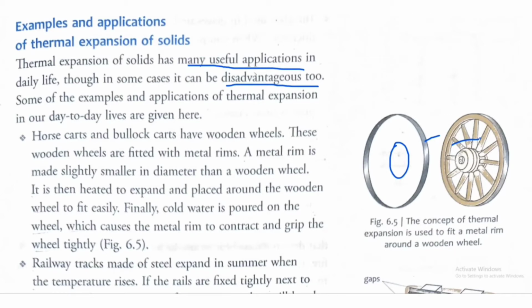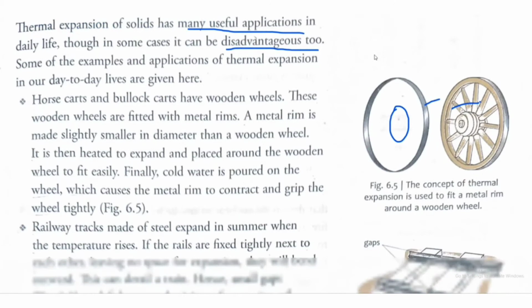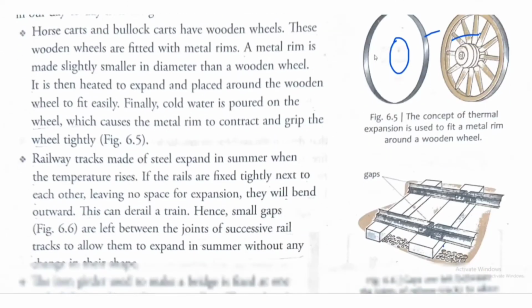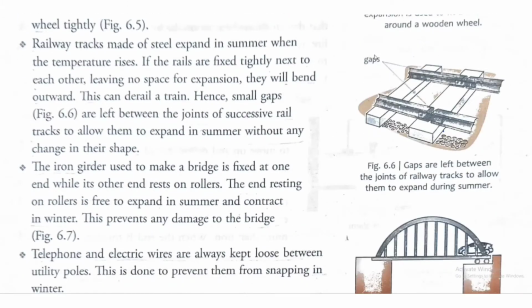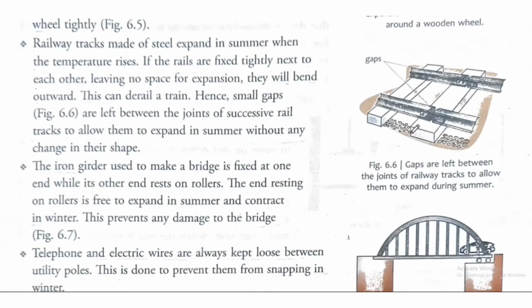But the expansion in metals also has many disadvantages, or it sometimes creates hazards. And to avoid the hazards, some arrangements are necessary. Students, on railway tracks, we have seen that some gaps are left between two successive rails.